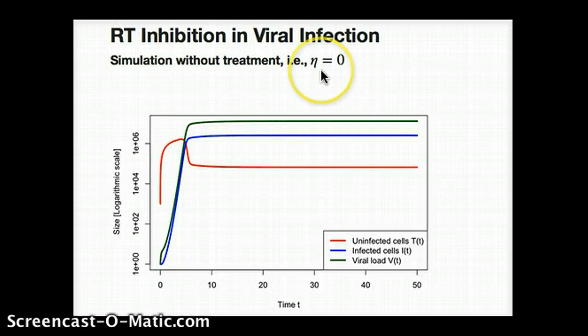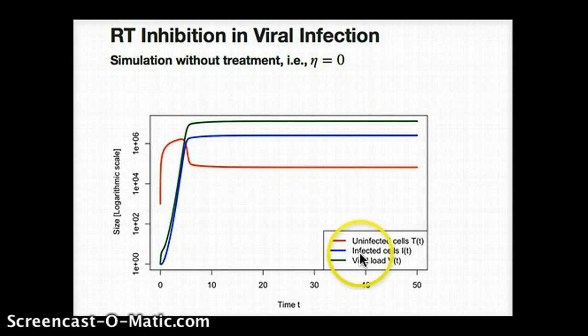So with eta equals 0, this means there is no treatment, and this gives us a verification that the numerical solutions are exactly what we expect. They look very similar to those solutions we had obtained on a model without treatment. Okay, so this is for simple purposes of verification.